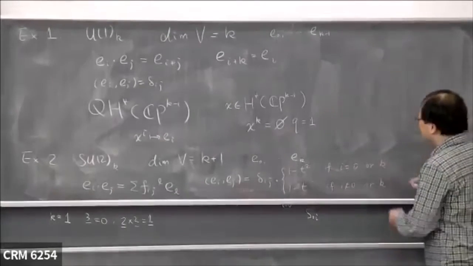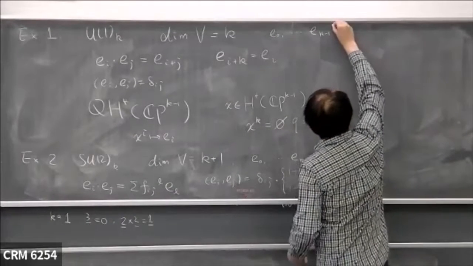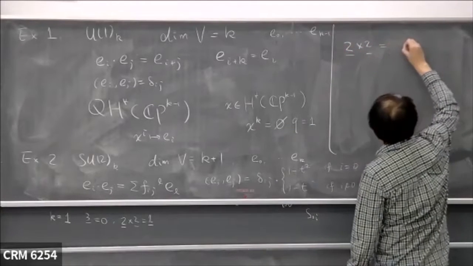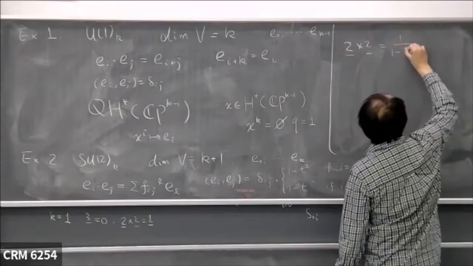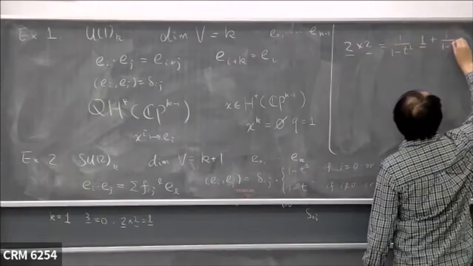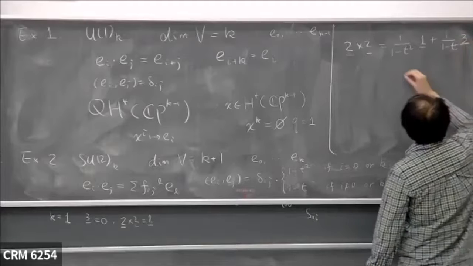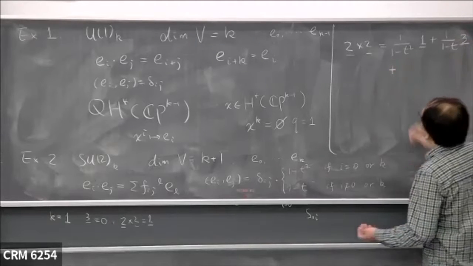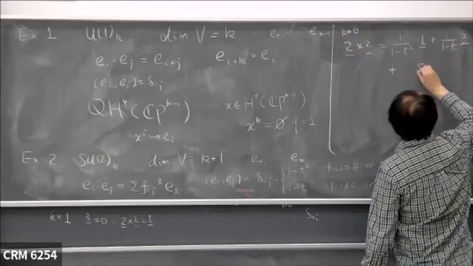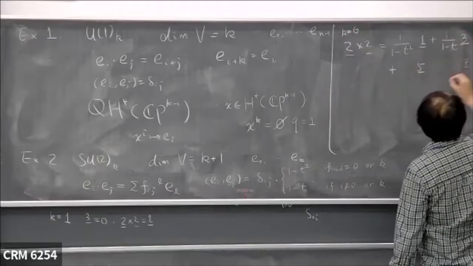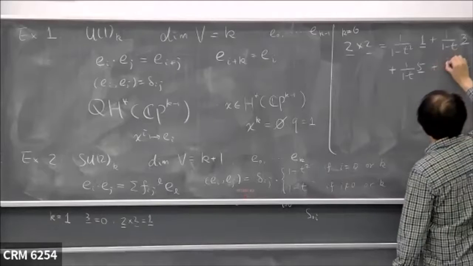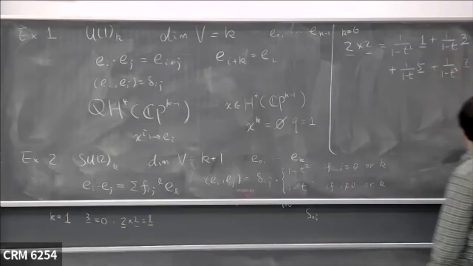So let me put it over here. If I still want to compute 2 times 2, then I will have 1 over 1 minus t squared times 1, plus 1 over 1 minus t times 3, plus, let's assume that k equals 6, so there are 2 more terms to worry about, 1 over 1 minus t times 5 plus 1 over 1 minus t squared times 7.